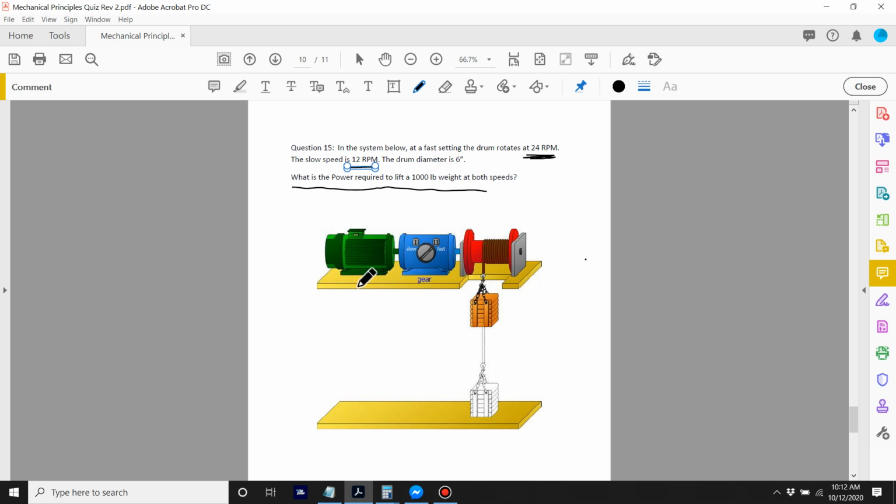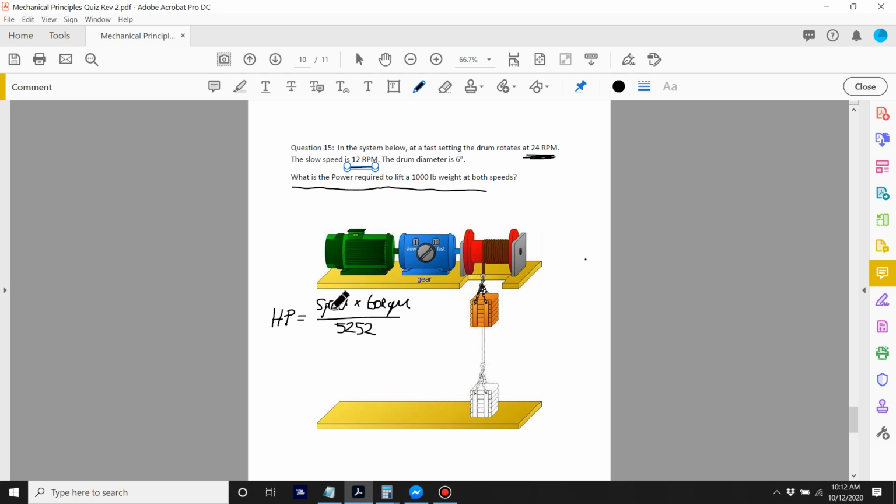Now, the equation that I like to use: horsepower is equal to speed multiplied by torque divided by, remember the number, 5,252.